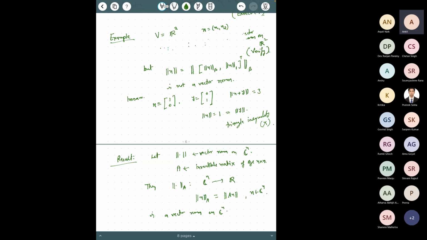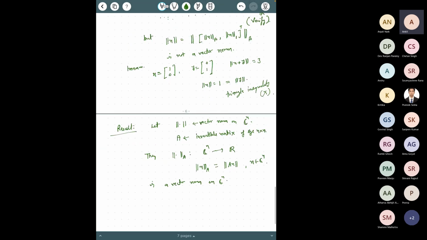So again you can see, if you take any vector norm on Cn and any matrix A, then using this result you can define a new norm. And why is this a norm? Again, it's not difficult to check. It's very straightforward, using the fact that the given function is a norm.